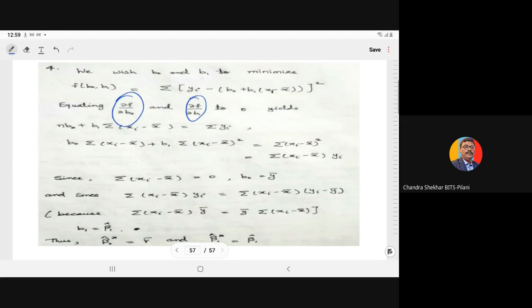The second normal equation is b naught summation of (xi minus x bar) plus b1 summation of (xi minus x bar) whole square.